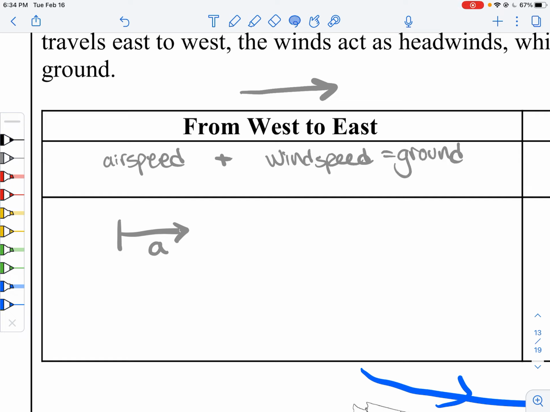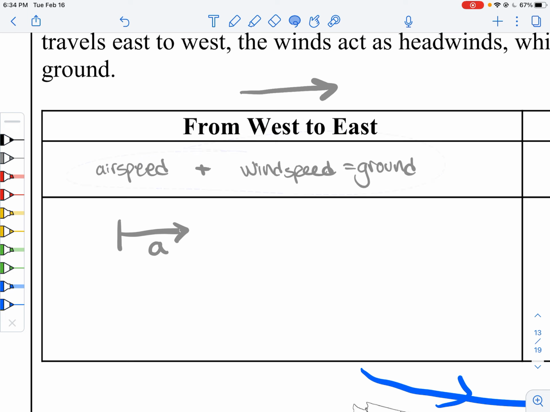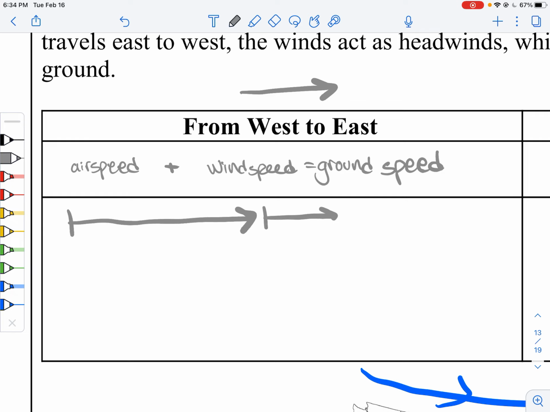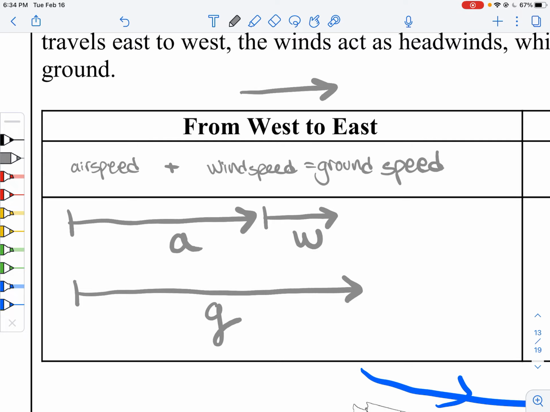So when you have your instruments reading one thing, but then you also have the wind pushing you, someone from the ground thinks you're going faster than you actually are. In fact, this is not to scale. It's more like that. So airspeed plus wind speed will equal your ground speed.